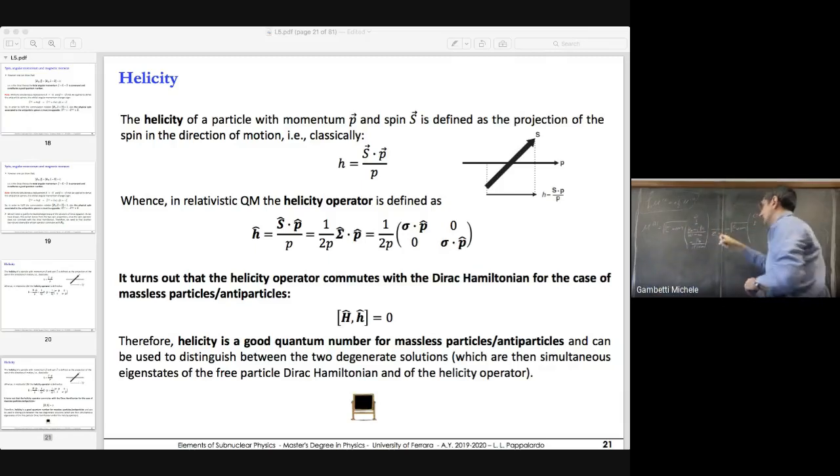This term goes to 0 because Px and Py are 0, and this is minus Pz divided by E. And then we further impose that this works for massless particles, and so this turns out to be square root of E, and then 0, 1, 0, minus, okay, here we still have the mass, sorry, E plus M. Now we impose the mass is 0, so this is minus Pz divided by E.